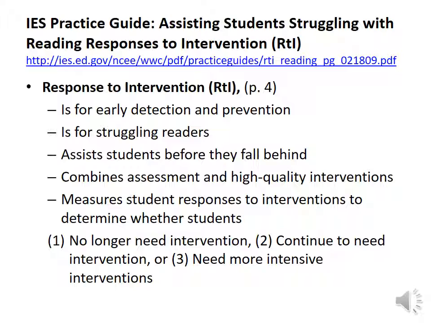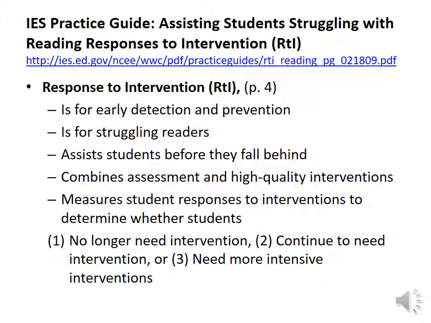There is an IES practice guide, Assisting Students Struggling with Reading: Response to Intervention, that goes with this series of slides for this lesson. Instead of a textbook, you are required to read these practice guides plus the other materials to get a very well-rounded view as to what the research is telling you to do in your classrooms.